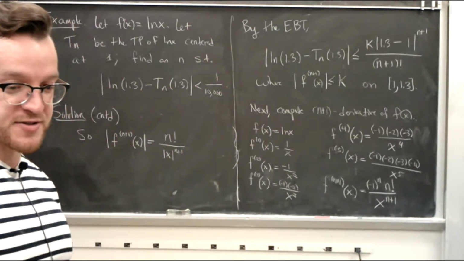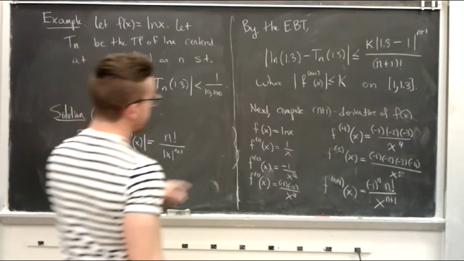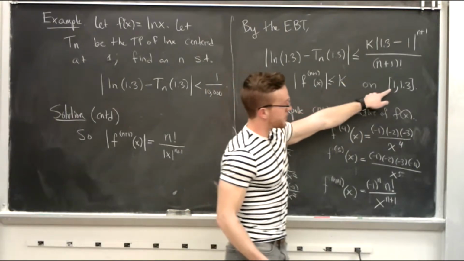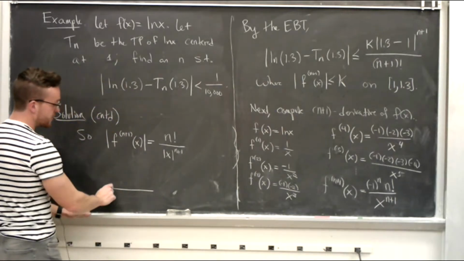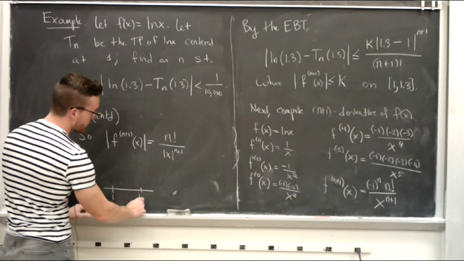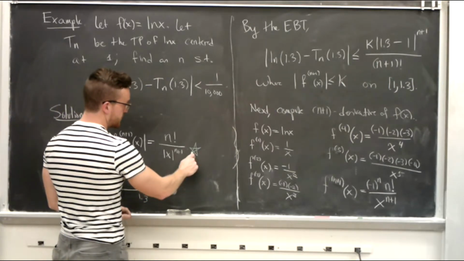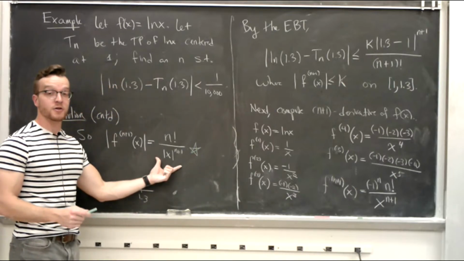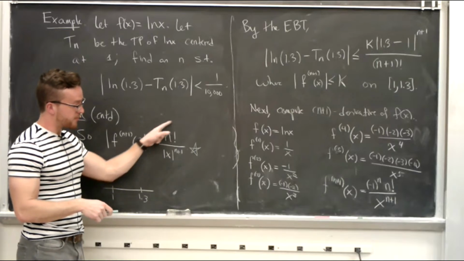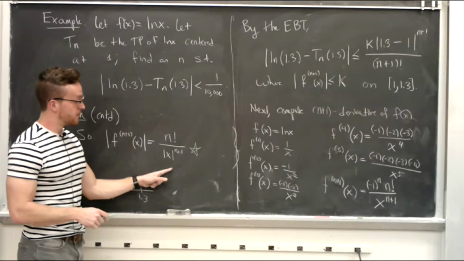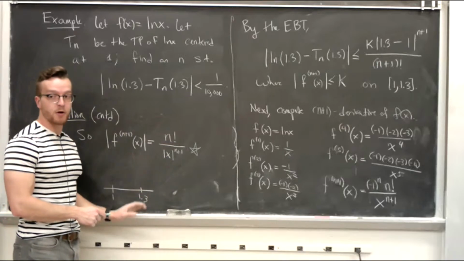Okay, so there's the absolute value of the n plus first derivative. What do we need to do? We need to find an upper bound for this thing on this interval. So here's the question. On the interval from 1 to 1.3, how does this behave as a function of x? As a function of x, this thing is decreasing. As you make x bigger and bigger and bigger, these fractions get smaller and smaller and smaller.